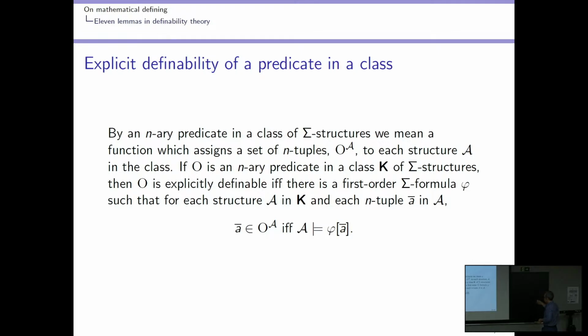Phi can be seen as the criterion to belong to the set: a tuple belongs to the set when it satisfies the criterion phi. Phi is a formula, so it is a definition of the extension. And this must hold uniformly for all structures A in K.